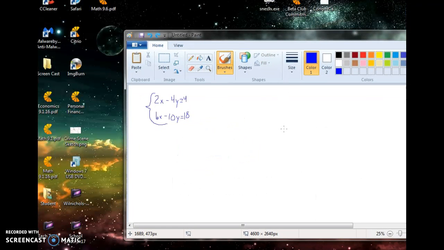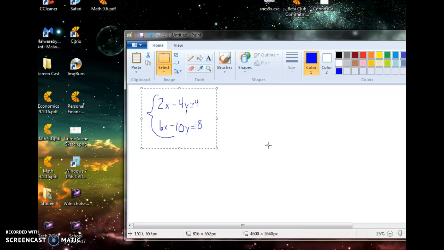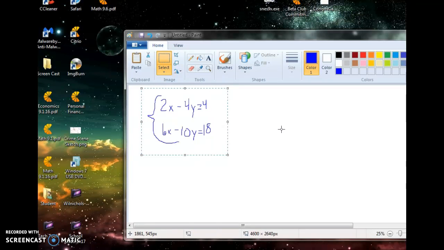Alright, so how do we work this out? I'm going to make this bigger first. Okay, so what we're going to do is put this in matrices.